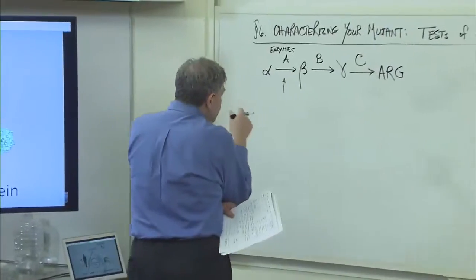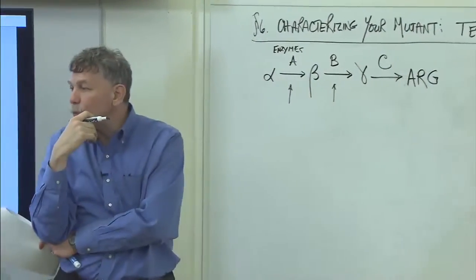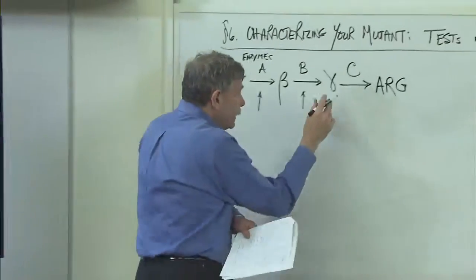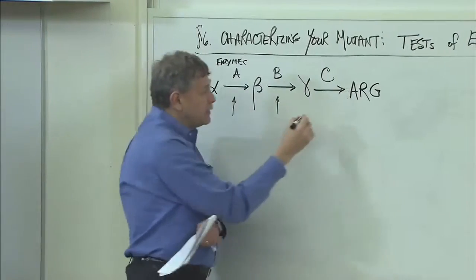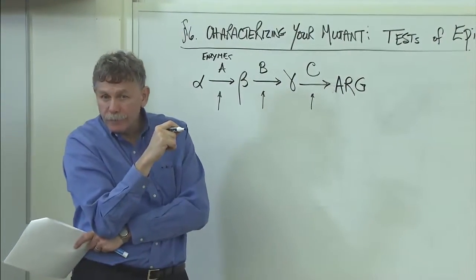But what if the defect was in enzyme B? Would giving it beta work? But gamma would work. And what if it was in enzyme C? Alpha, beta, and gamma would not work.